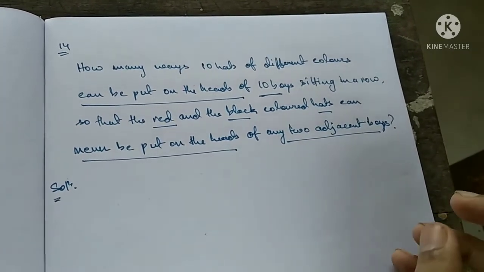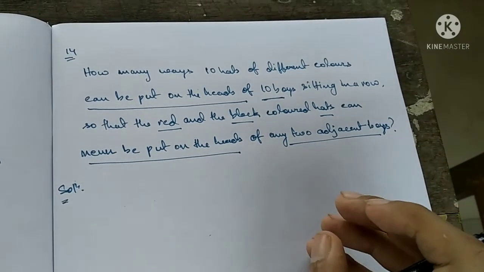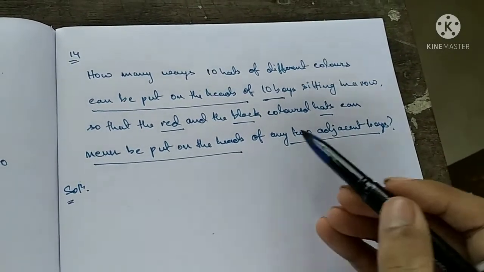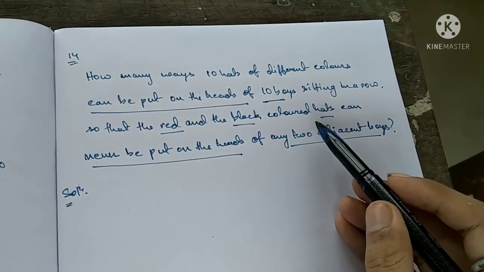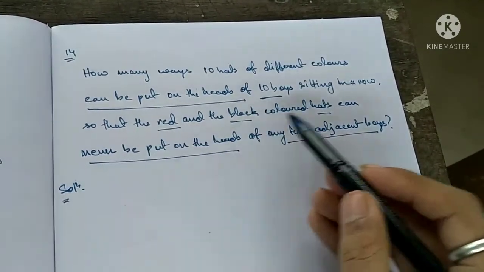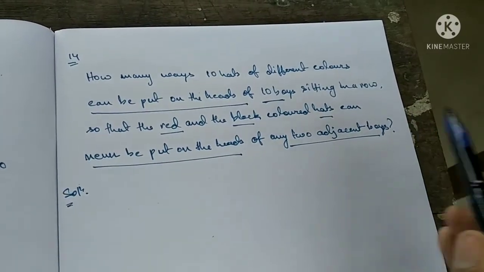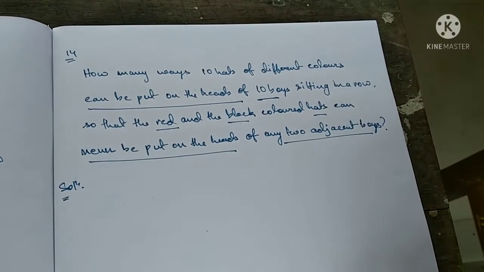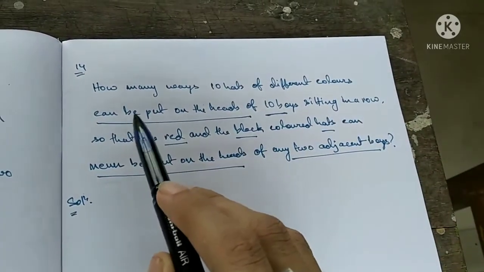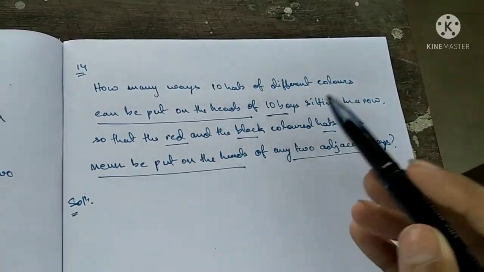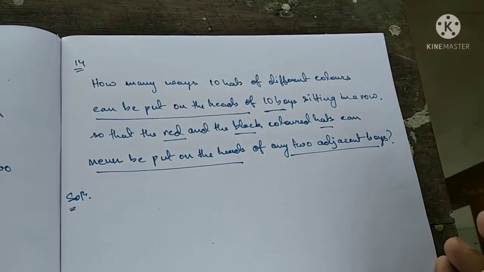Now, there is a condition that the red and black colored hats can never be put on the heads of any two adjacent boys. Okay, 10 hats are there of different colors. They are put on the heads of 10 boys sitting in a row.